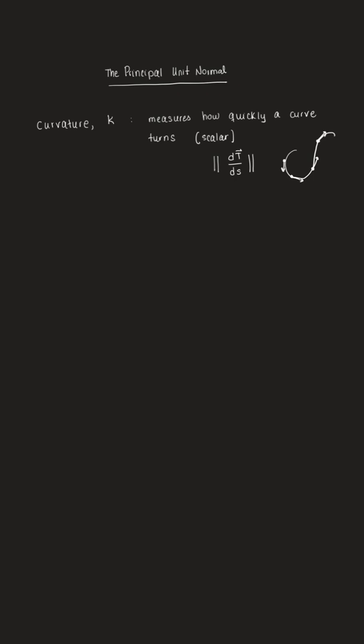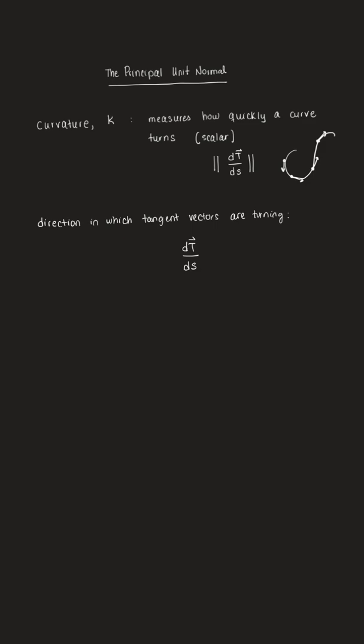We would like to know the direction in which our tangents are turning. Okay, so the direction in which the tangent vectors are turning would be given by dT/ds. This is going to be a vector.